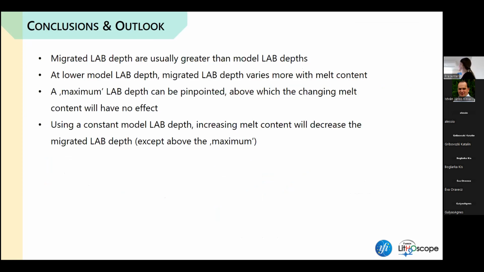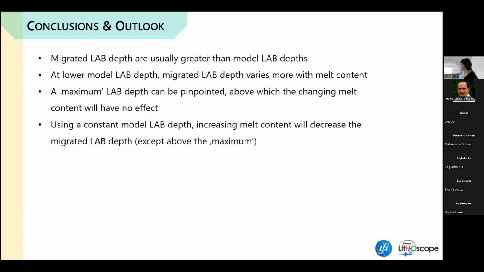Okay, so here are the conclusions for these results concerning the modeled and migrated LAB depths. Generally, the migrated LAB depths were usually greater than the modeled LAB depths. It is a question why that could be, but we can say that at lower modeled LAB depths, the migrated LAB depth varies more with the melt content, but there can be a maximum value pinpointed for the LAB, above which there is no change.